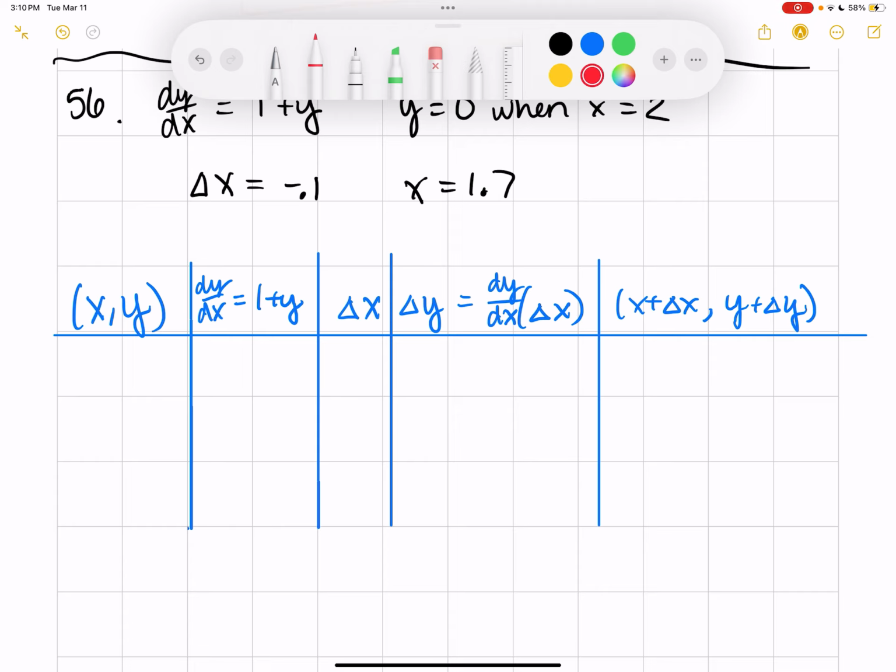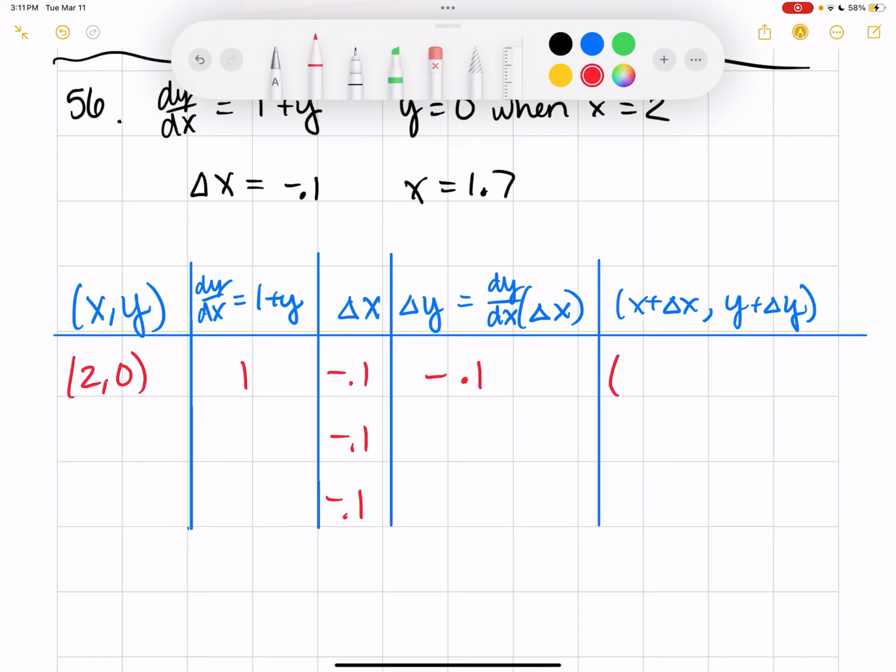Okay, so our first point is 2, 0. So when I plug in 0, I get 1. Delta x is the same all the way down, minus 0.1, so I can add that in already. Delta y is the first thing here times that, so this is going to be negative 0.1.